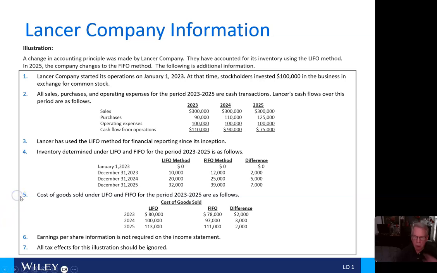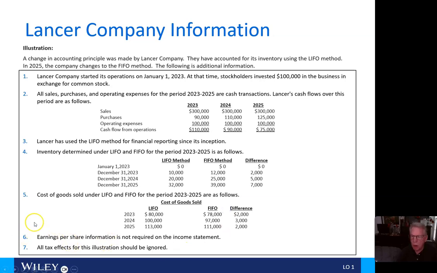Number five, the cost of goods sold under LIFO and FIFO for the period 2023 through 2025 are as follows, and here are those years, LIFO amounts, FIFO amounts, and the difference amounts.